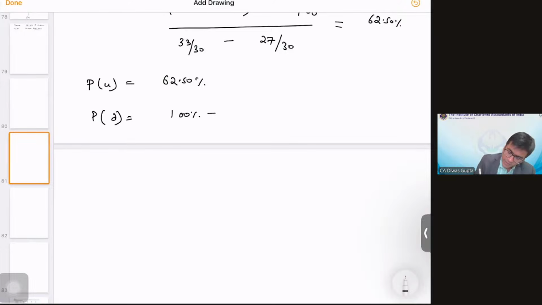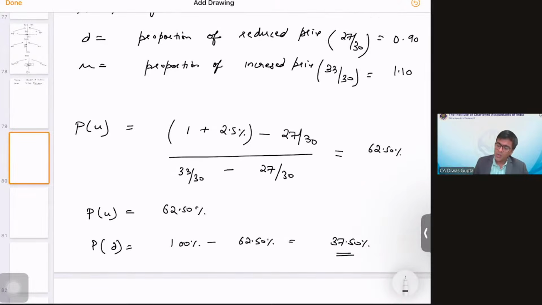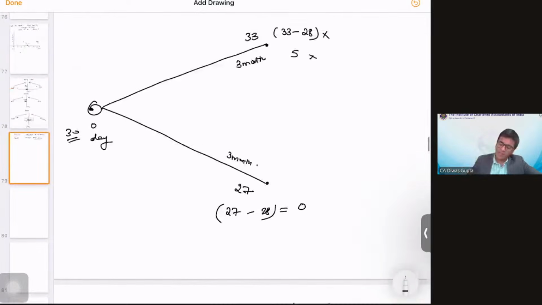So 100 minus 62.5, 37.50% becomes the probability that the prices will go down. Clear, students? So the formula is very clear. If the prices move to 33, there is 62.5% chance. If the prices become 27, there is only 37.50% chance.